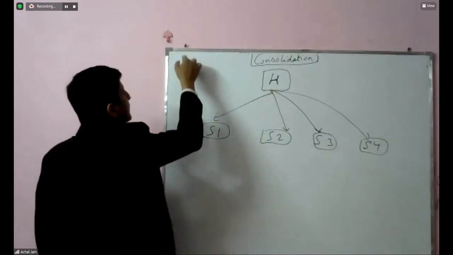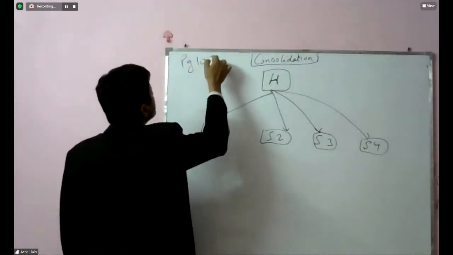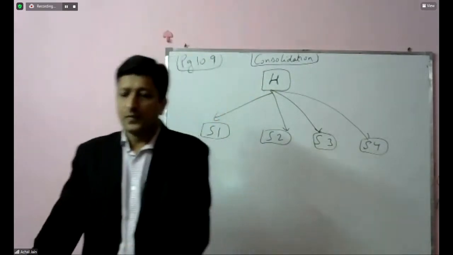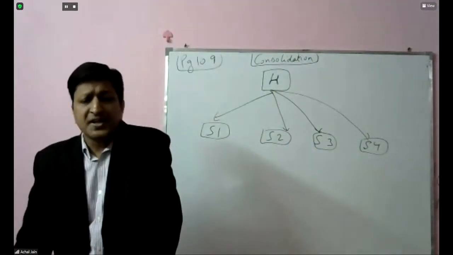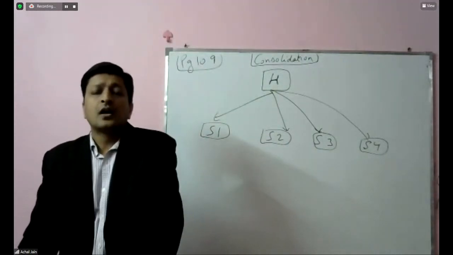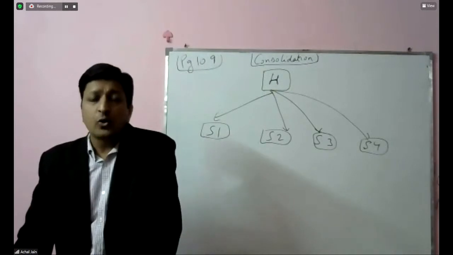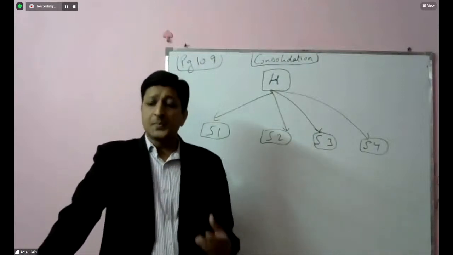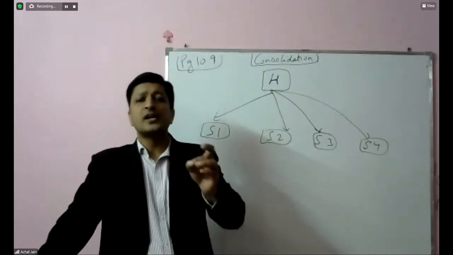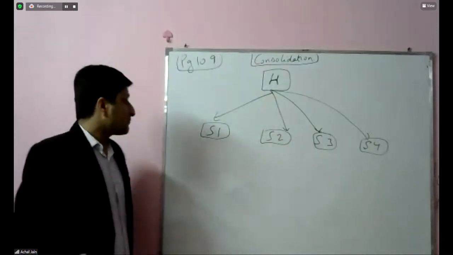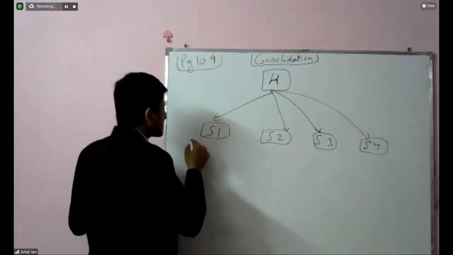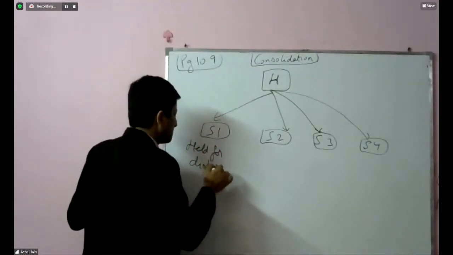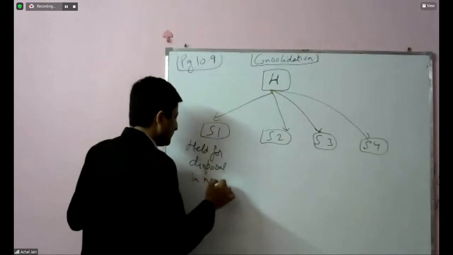You may also refer to page number 10.9 for this. Number 1, if there is a subsidiary for which control is acquired only for a temporary period, means subsidiaries held for disposal in near future. So for example, this is held for disposal in near future.